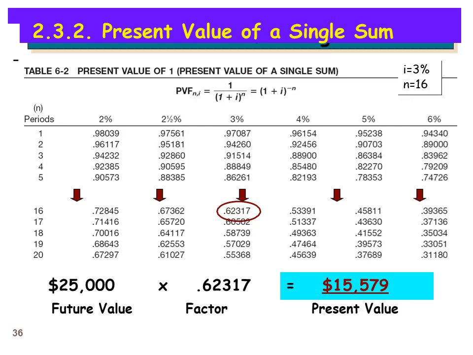Totally, the present value becomes around $15,579. If you use the formula directly, we can get it this way, or you can also calculate it by using the present value of a single sum table.